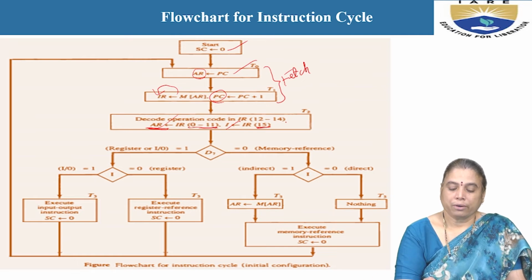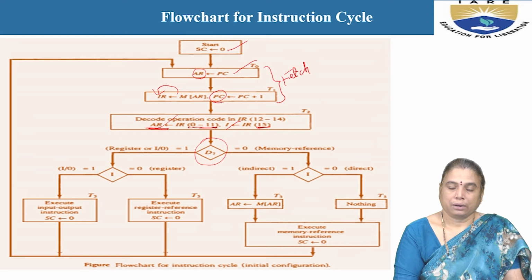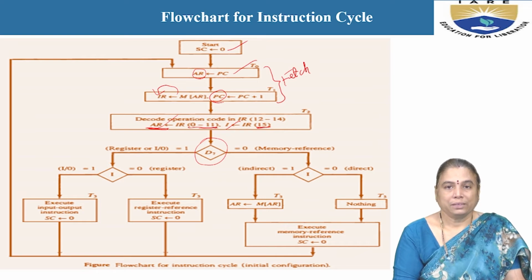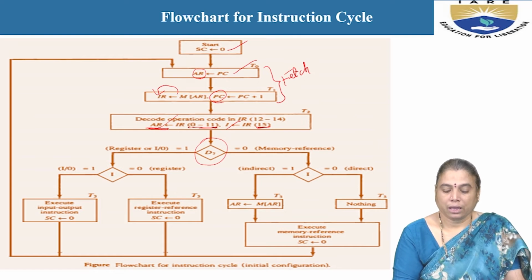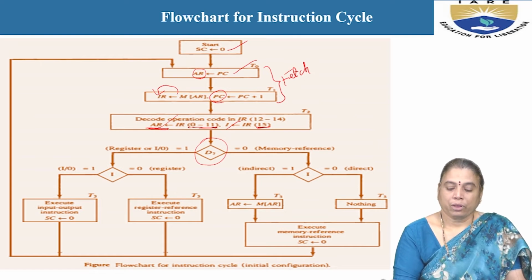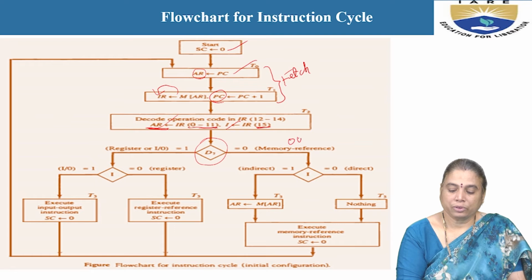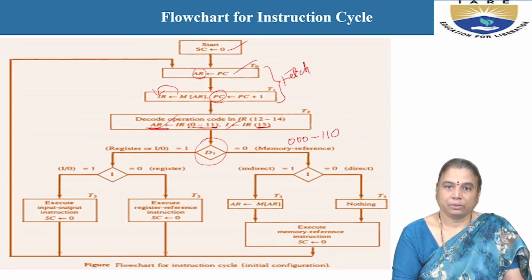These decoded values can be compared to check whether they are 0 or 1. If all 0, it is a memory referenced instruction, and if all 1, it is a register referenced or IO instruction. If the opcode is 000 to 110, then it is a memory referenced instruction.